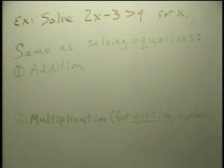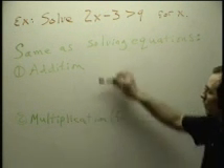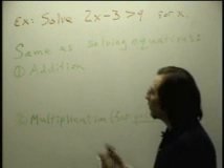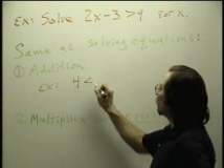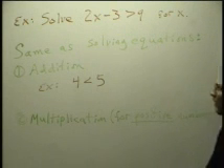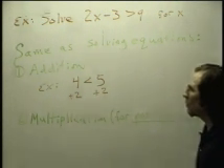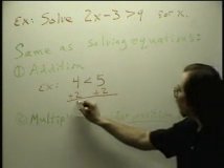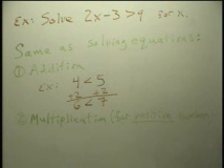Two features that are the same when solving linear inequalities and solving linear equations are, first, if we add something to both sides. So for example, if I have the true statement that 4 is less than 5, and I add the same thing to both sides of the inequality, then I end up with 6 is less than 7, which is again a true statement.